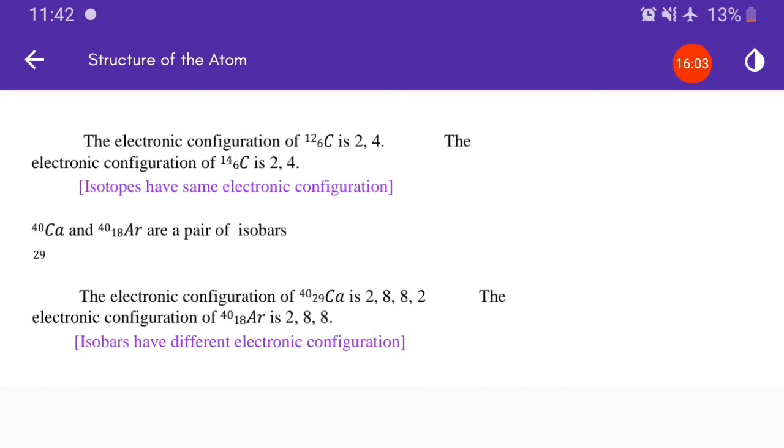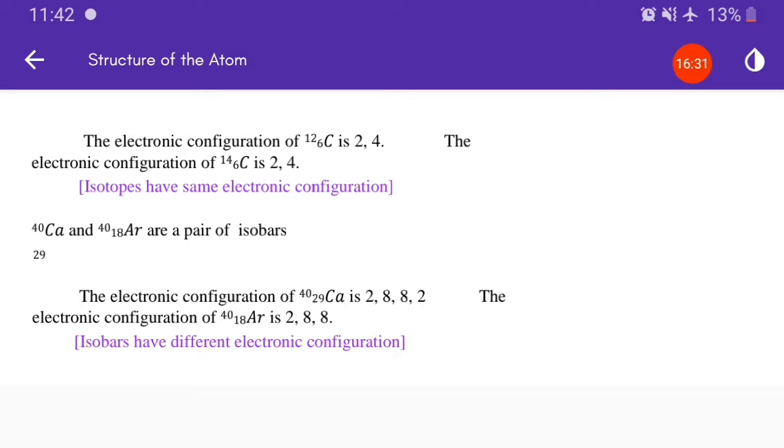So the electronic configuration of calcium is 2, 8, 8, 2. Then the electronic configuration of argon is 2, 8, 8. So isobars have different electronic configuration. So one thing you have to remember: isotopes have the same electronic configuration, whereas isobars have different electronic configuration.